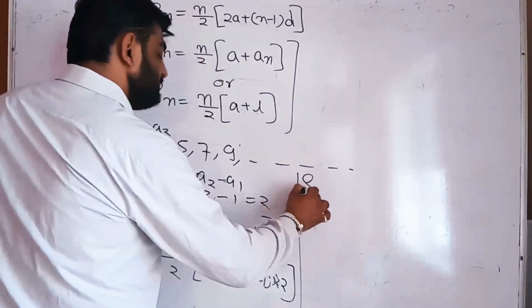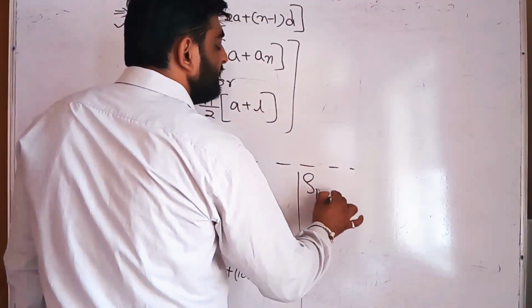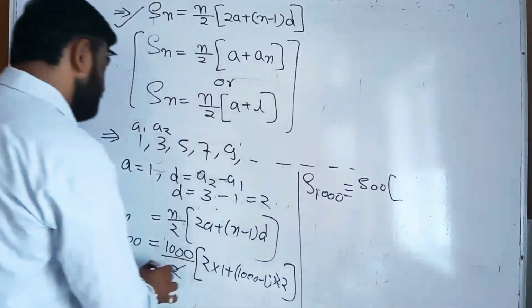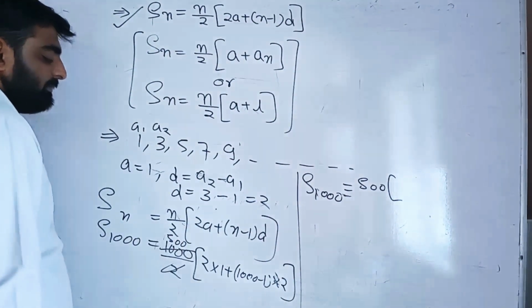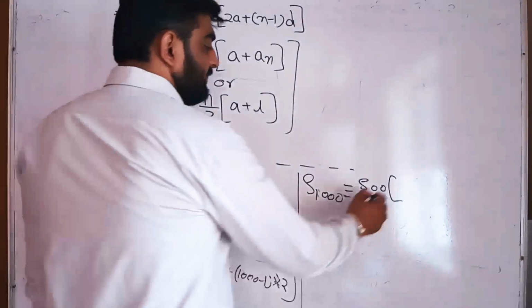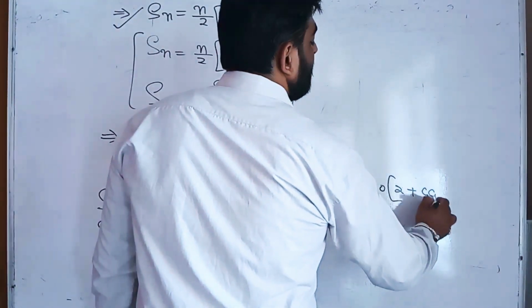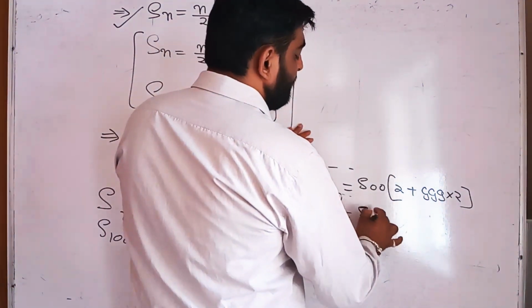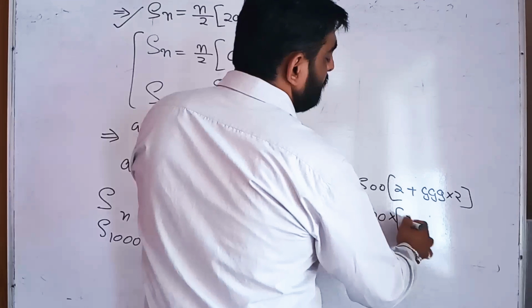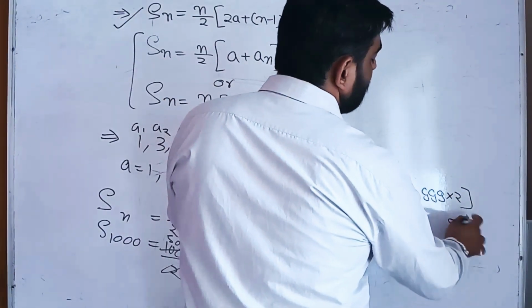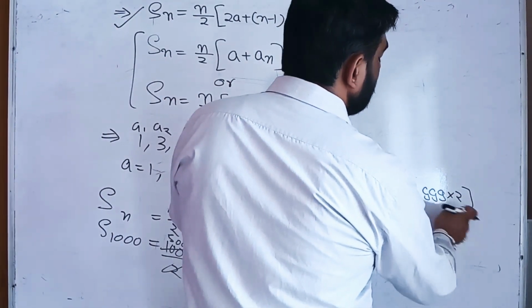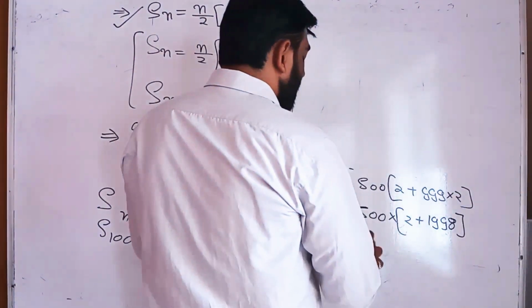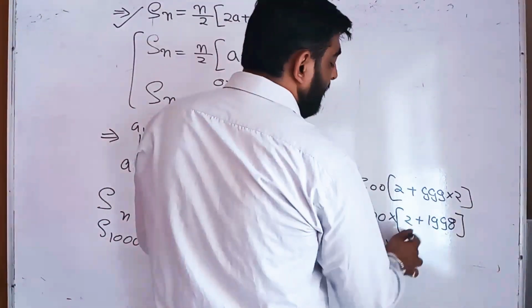We can solve it: S1000 equals 1000 upon 2, that is 500, into [2 plus 999 into 2]. So that is 500 into [2 plus 1998].